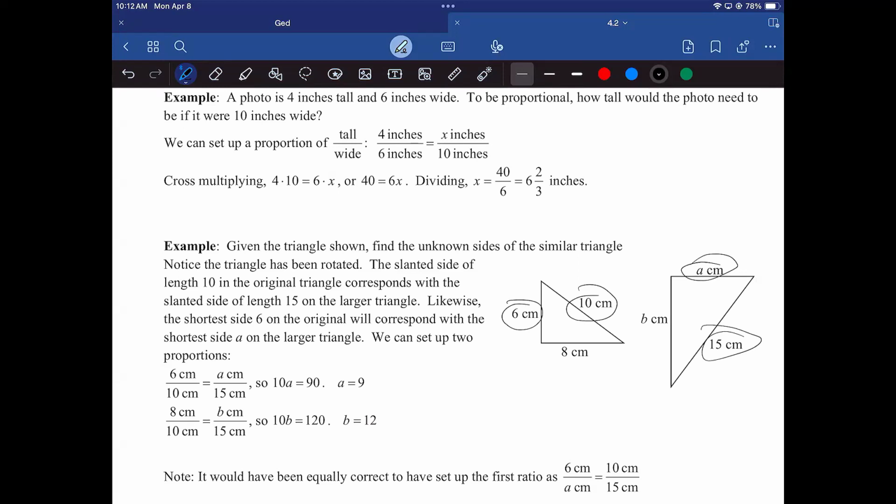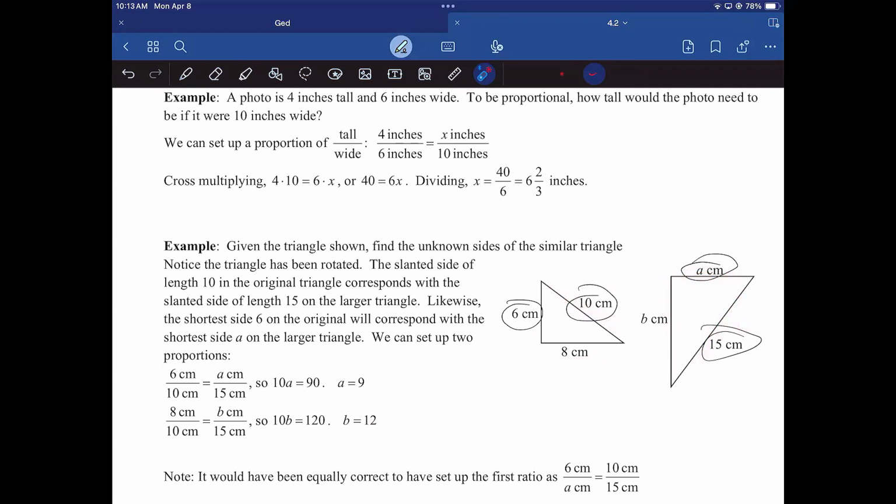And the trick there is they took this shape right here and they flipped it so that it says, okay, this side is here, the hypotenuse is here, and this side is here. This is an example of proportional reasoning in action.